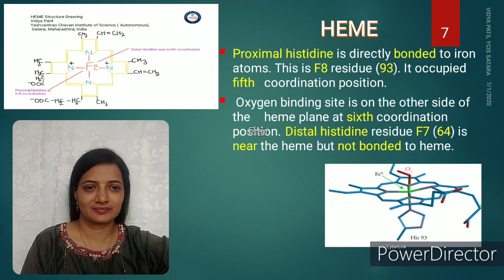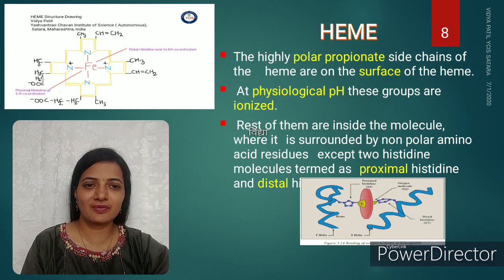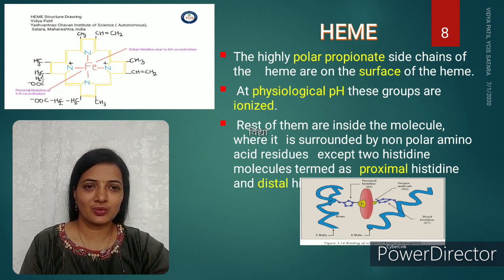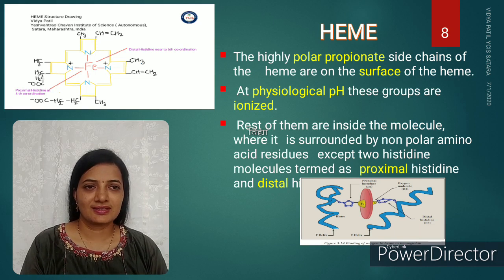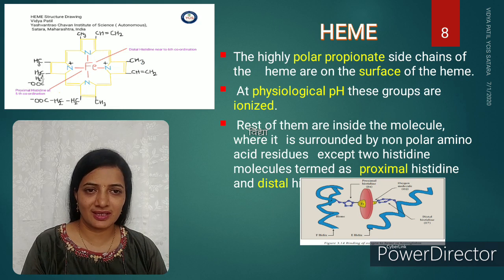Then there is a separate video for how to draw the heme structure. Here the 2 polar propionate groups of the heme group are present on the surface of the molecule.